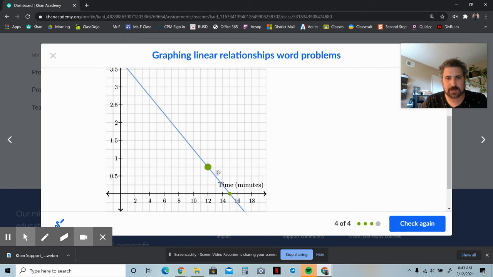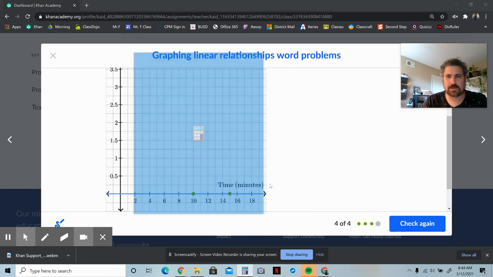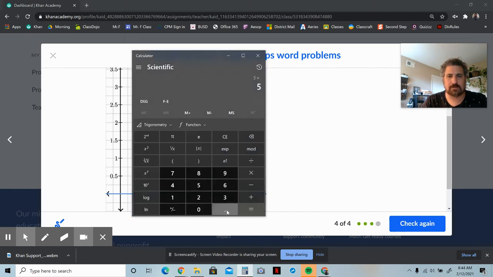Let's see what mistake I made. So this is 14, 13, 12, 11, 10. So 5 minutes prior, 5 times 0.2, I believe, is going to be 1.